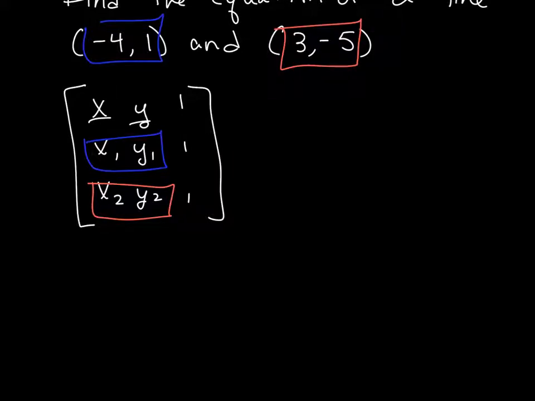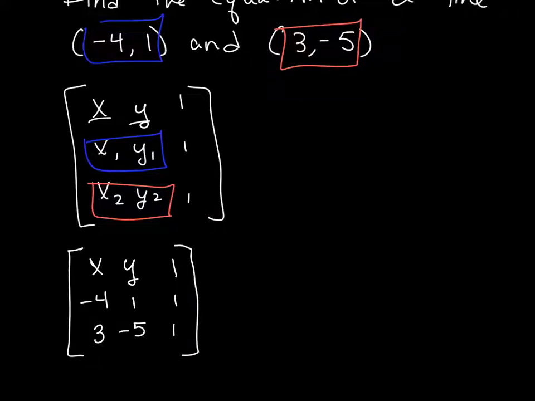I have x, y, 1, negative 4, 1, and 1, and 3, negative 5, and 1. I'm going to do the same idea with the diagonals, copying over the first two columns. So that is x, negative 4, and 3, y, 1, and negative 5.